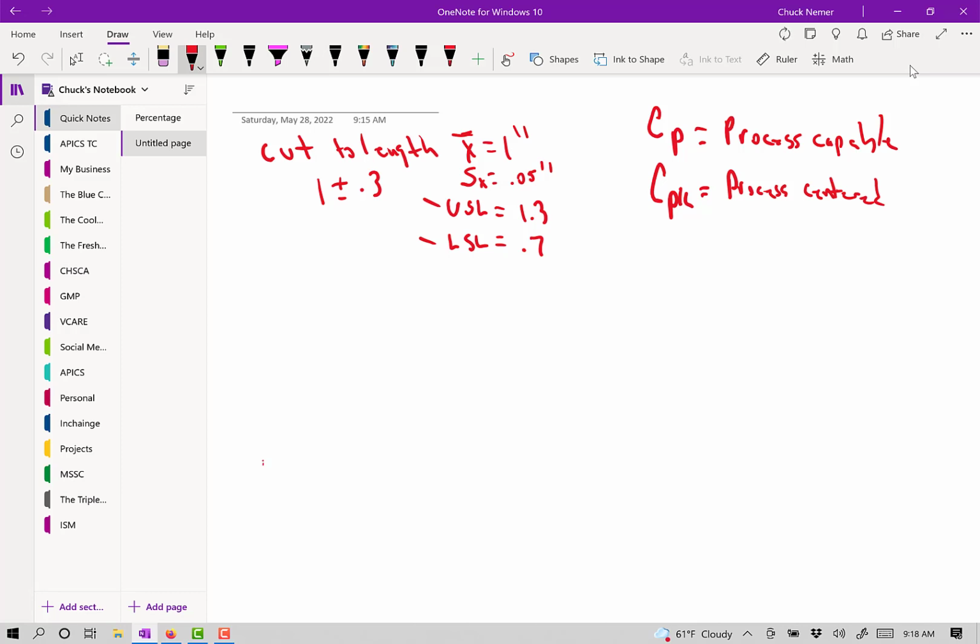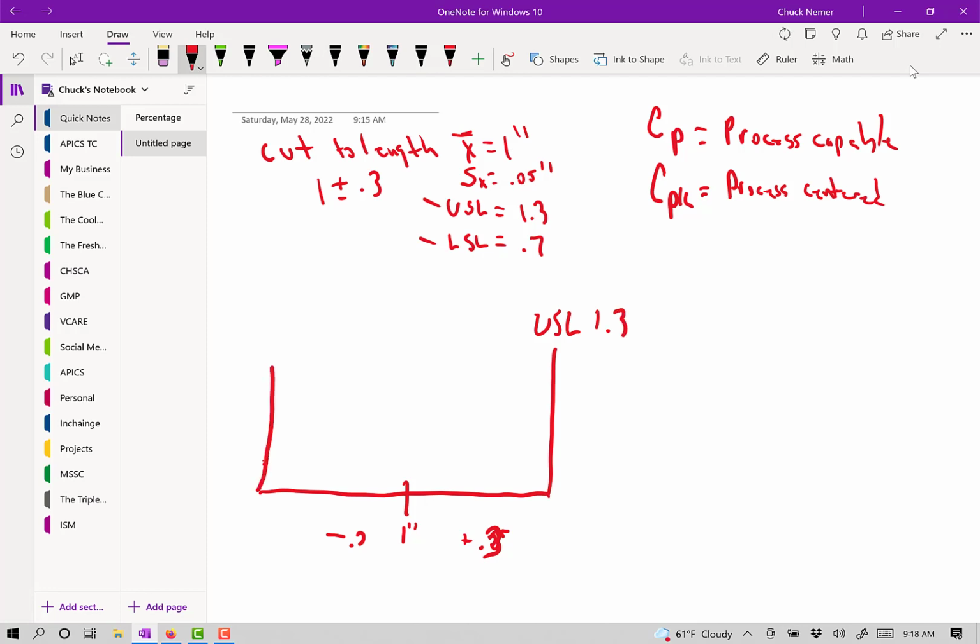So the customer is essentially telling us they ideally want 1 inch plus or minus 0.3, excuse me. So the upper spec limit is equal to 1.3, and the lower spec limit is equal to 0.7.